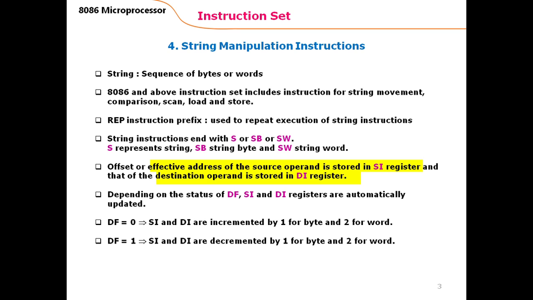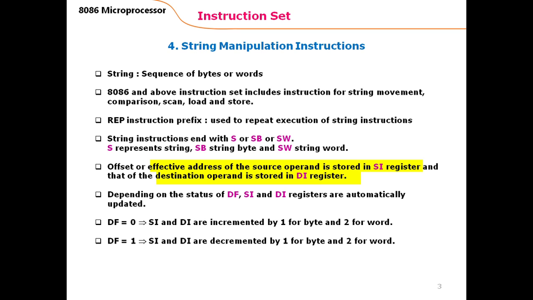In string manipulation instructions, there are effective addresses just like other instructions, but these effective addresses are not part of the instruction. They are used implicitly. They are not directly provided as part of the instruction by the programmer, but are taken from the source index register and destination index register.